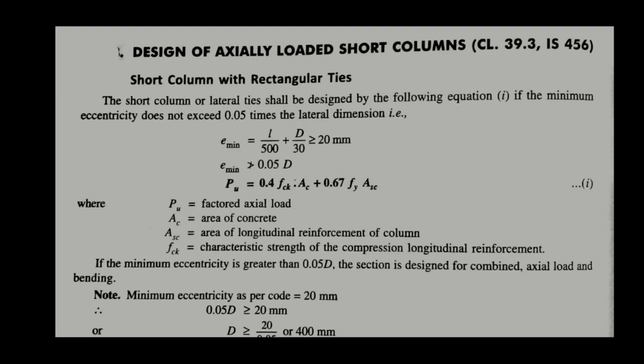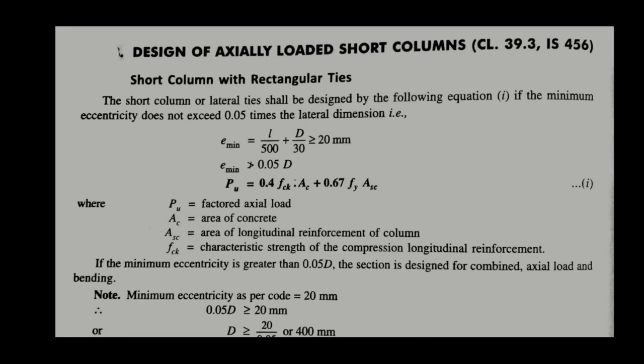So first of all, let's check out clause number 39.3 for axially loaded short columns. After that, we will get back to this page and see this formulation, which is made on the basis of IS code assumptions.